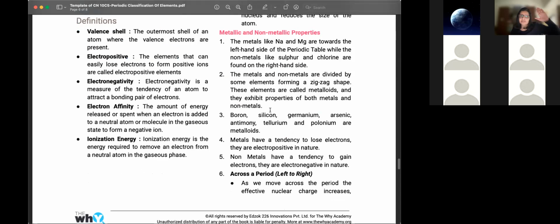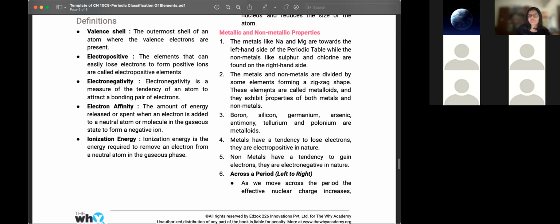So metallic left side. Ma'am, if the number of electrons and the protons increase, then why doesn't the same occur in metallic nature? Due to the addition of shell, it does not increase or decrease. See, metallic nature, non-metallic nature again relates to how easily the electron can be released, right?